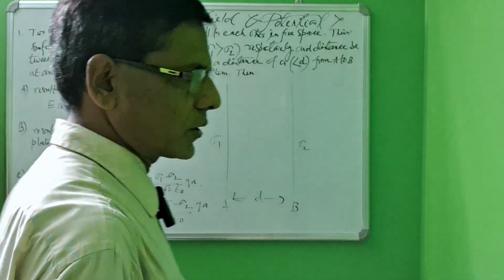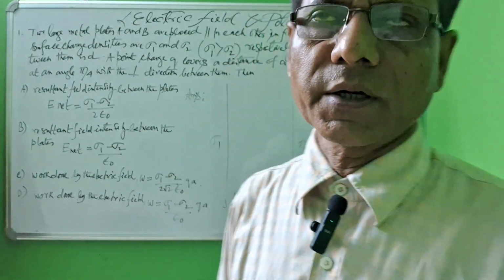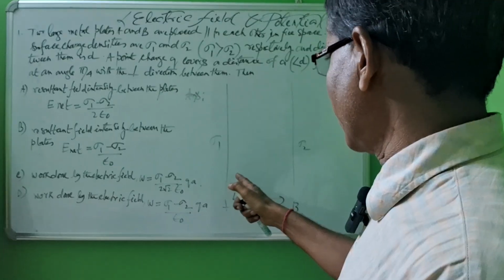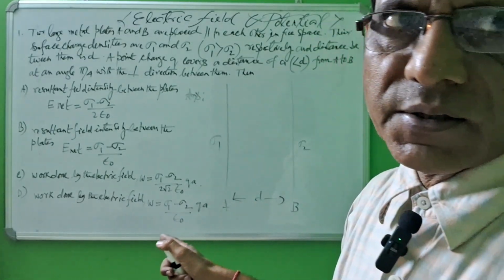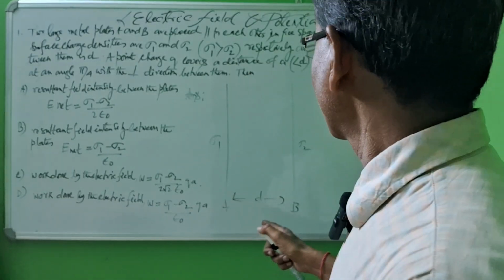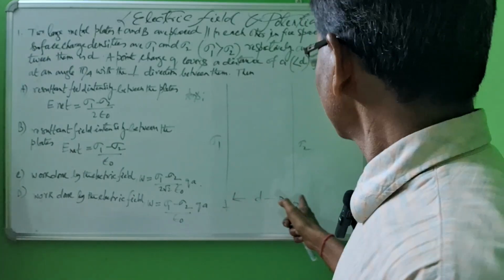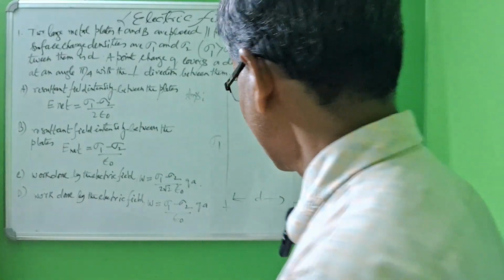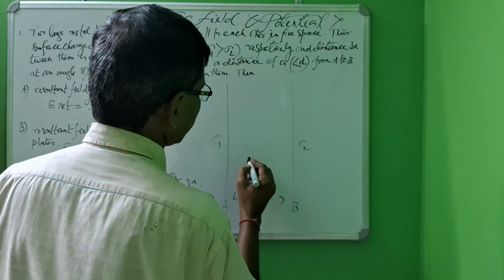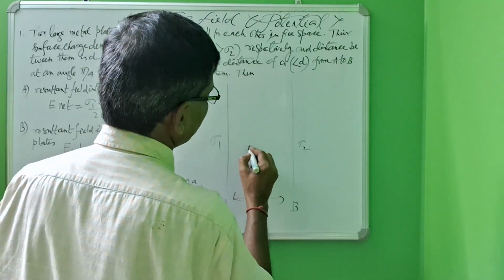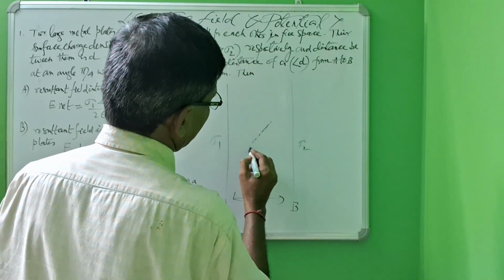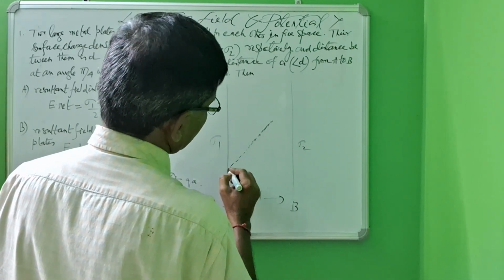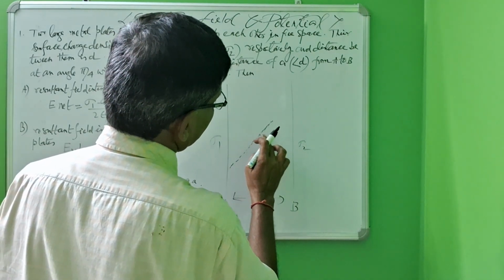A point charge Q covers a distance a, which is less than d, from A to B at an angle of pi by 4. This is the pi by 4 angle.